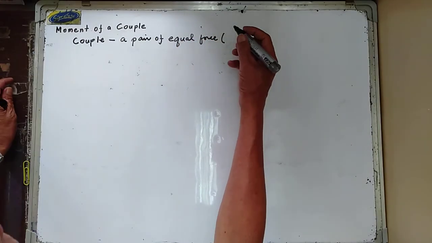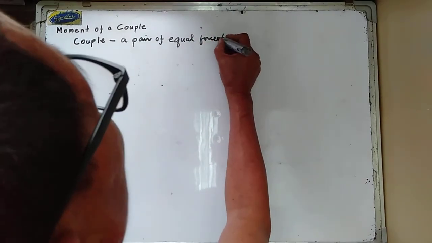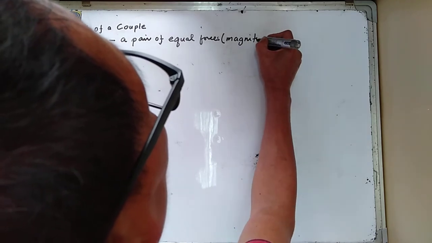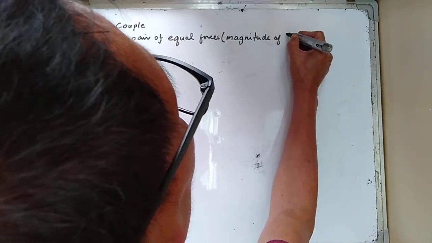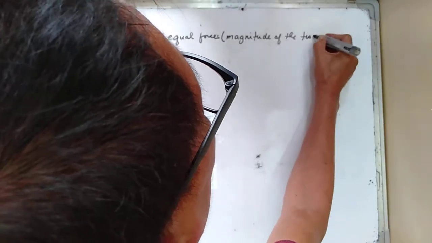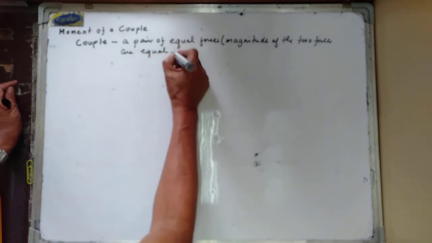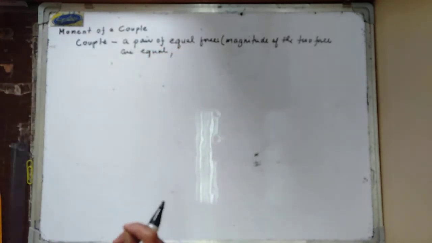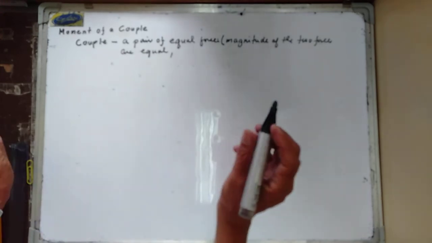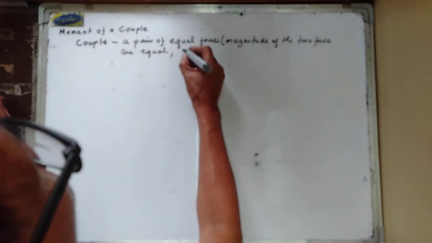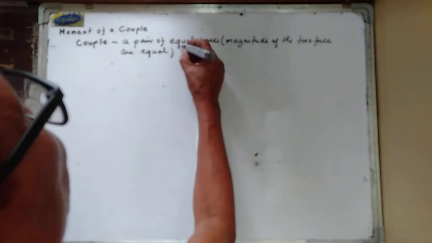This means that the magnitudes of the two forces are equal, and the directions of the two forces are oppositely directed. So we have a pair of equal forces, opposite in direction.